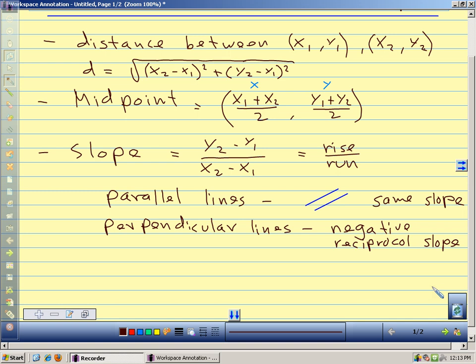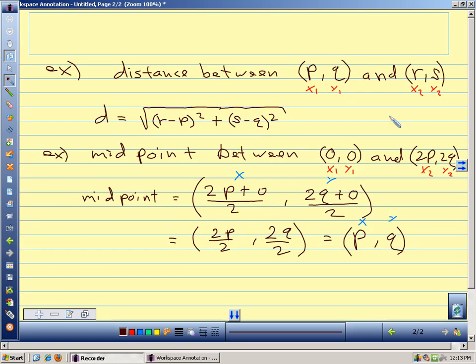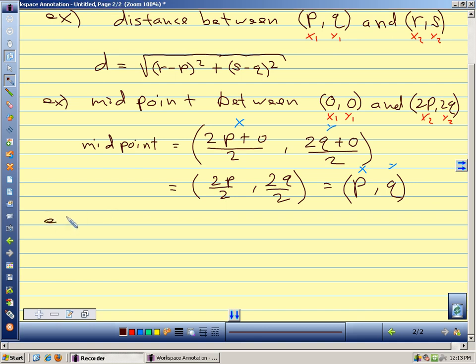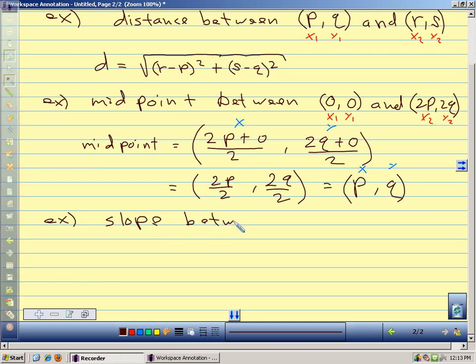So let's do an example with slope. We want to find the slope between the points P, Q and R, S. So we do the same thing.